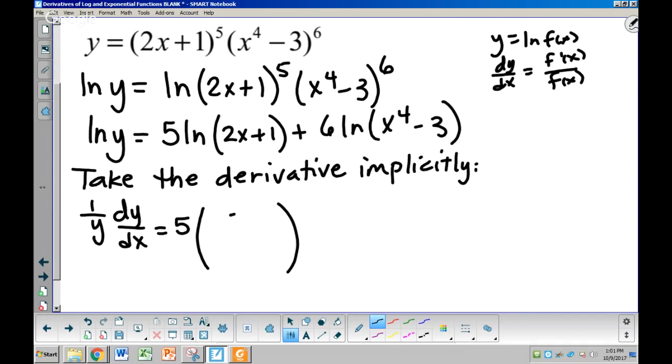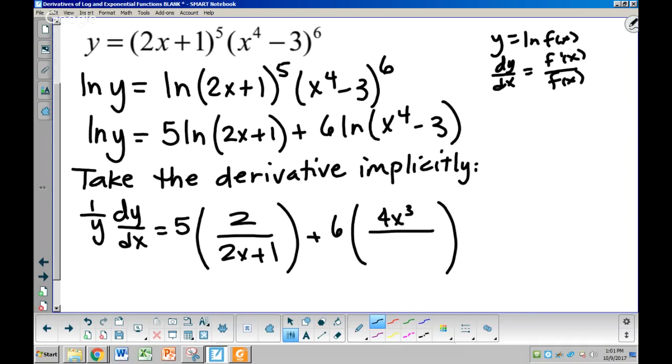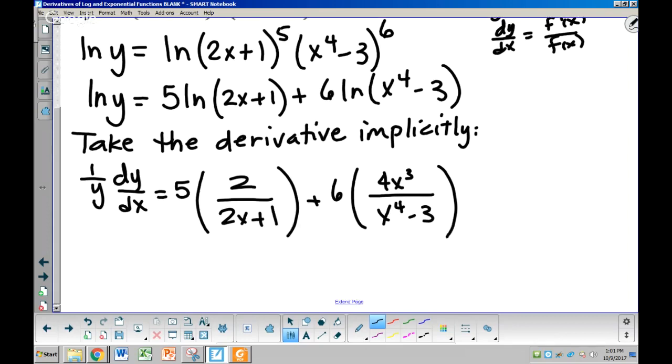So this is 2 over 2x plus 1. Good. Plus 6 times 4x cubed over... That's right. But what am I solving for? dy/dx.